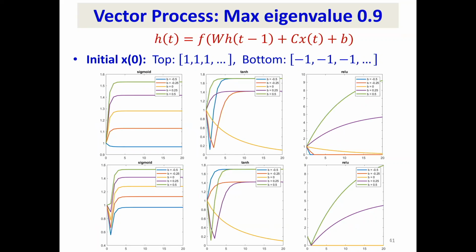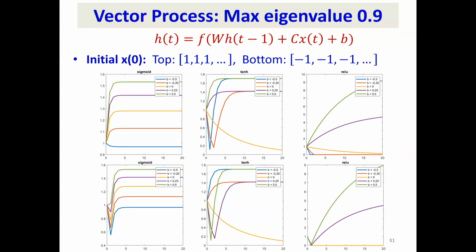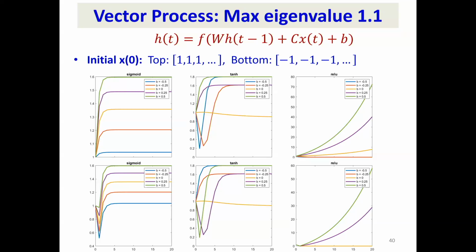In this first figure, the recurrent weight matrix has a maximum eigenvalue of 1.1. Then you see the behavior. And the second one has a maximum eigenvalue of 0.9. And you'll notice that the two plots are not the same, right?